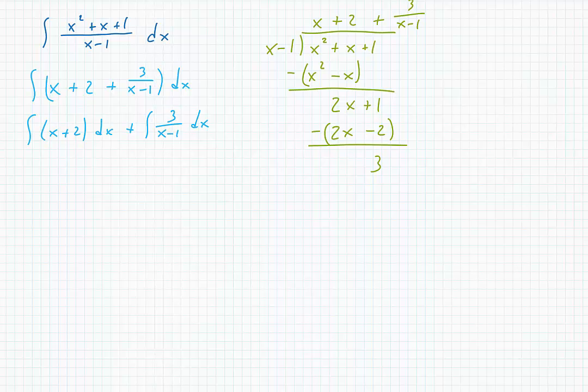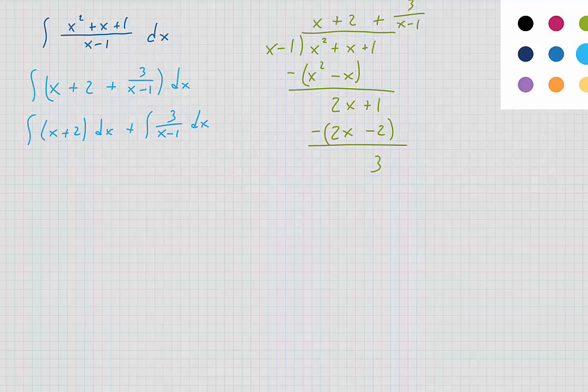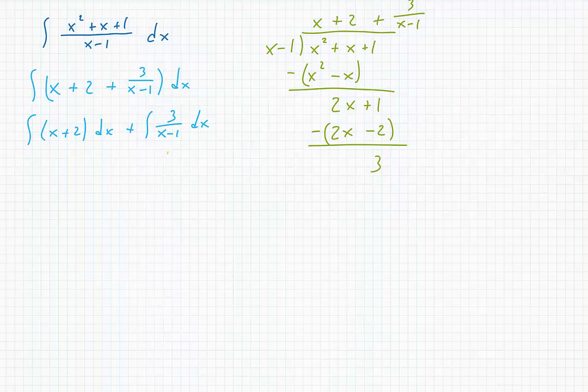Because the second part we're going to need to do a u substitution on. So if we let u be equal to x minus 1, du will be equal to 1 dx. But we really have 3 dx there, so 3 du will be equal to 3 dx.